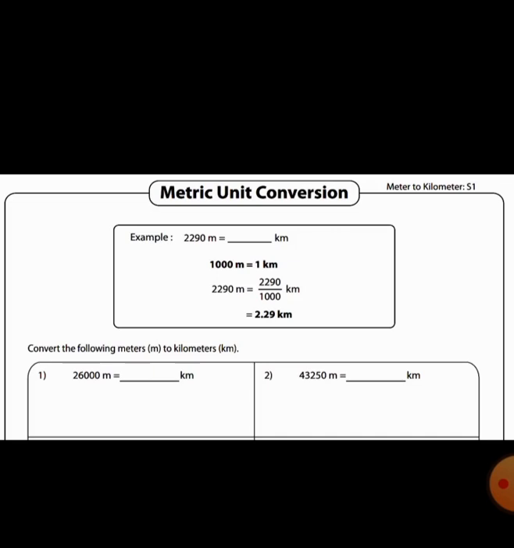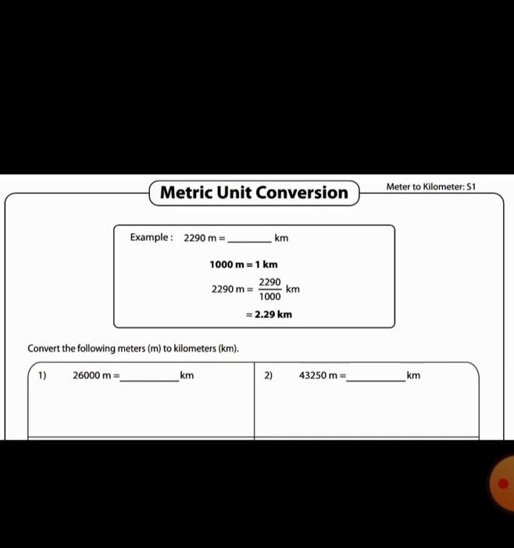You can use your calculator or you can go back 3 times. So we have the number 2,290, we go back 3 times, and so our answer would be 2.290 or 2.29 kilometers.